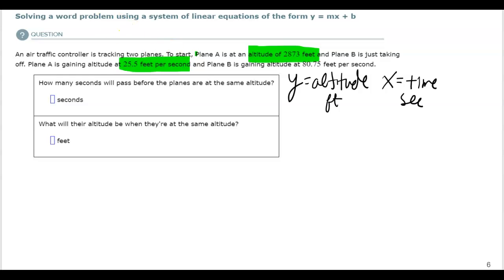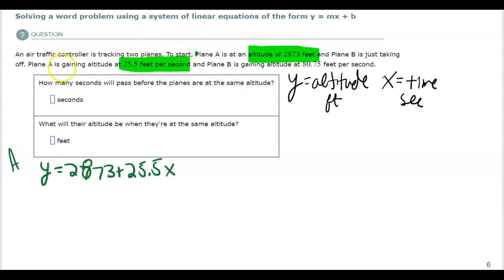So let's use that to write an equation. Plane A's altitude is starting at over there, it's plane A. This is where it's starting, and then it's increasing, which is our x value.